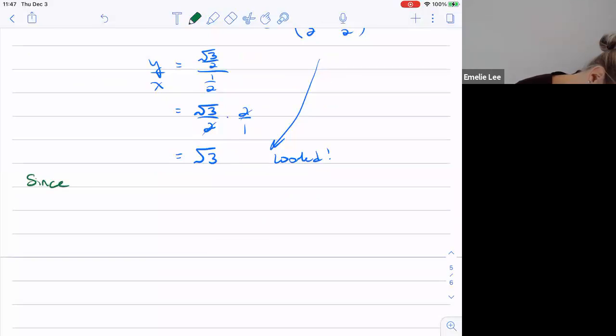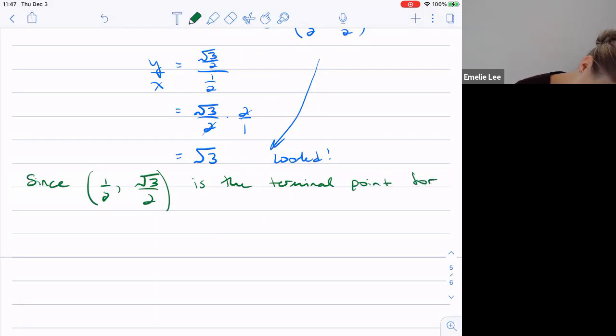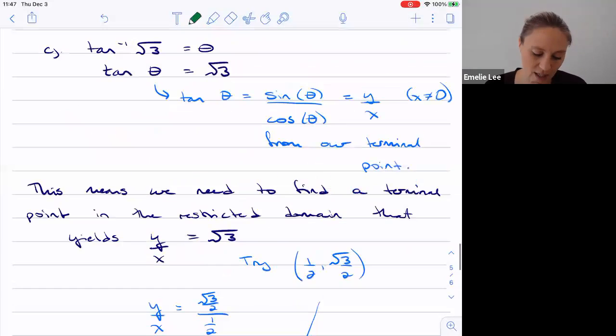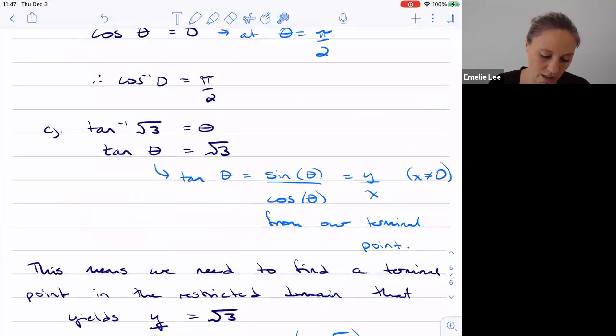So since 1/2, root 3 over 2 is the terminal point for theta equals pi over 3, we know that the tan inverse of root 3 is equal to theta.